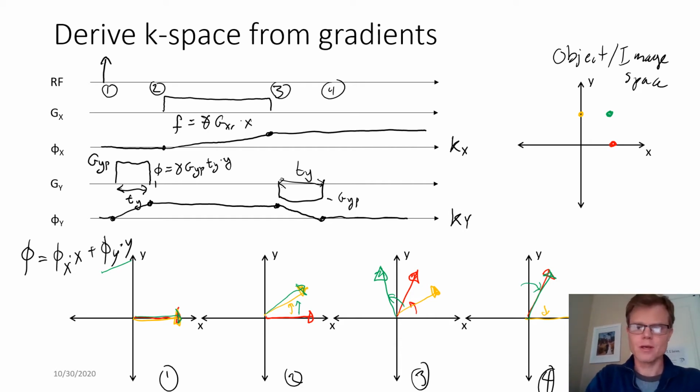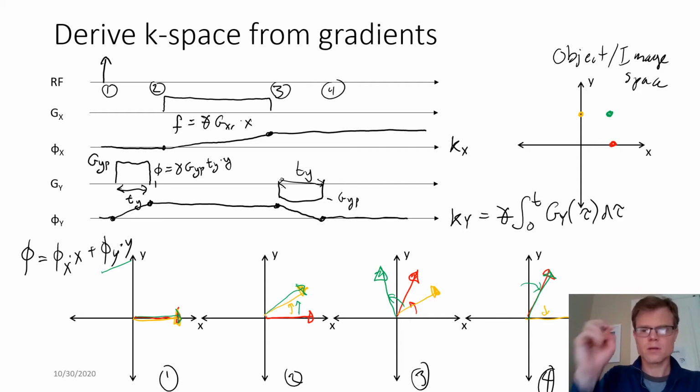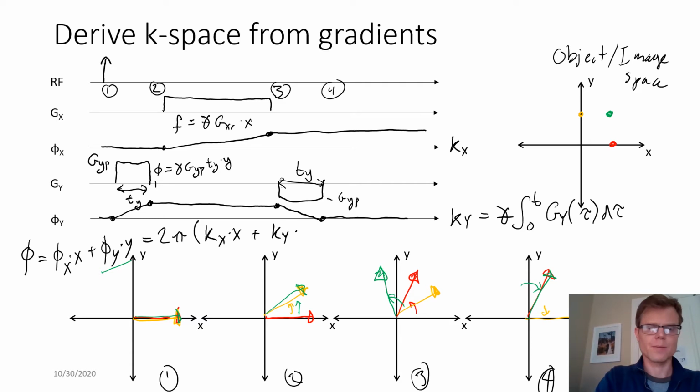If now I add the definition of ky, which is gamma bar times the integral of the y gradient, we put this together, and the total phase of our net magnetization is simply going to be 2 pi times kx times x plus ky times y.